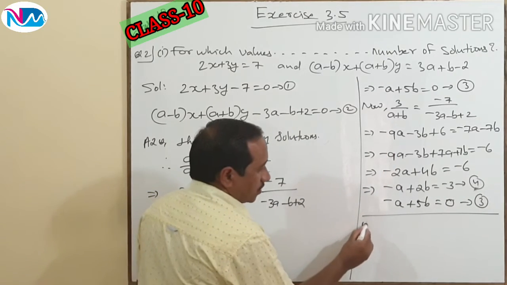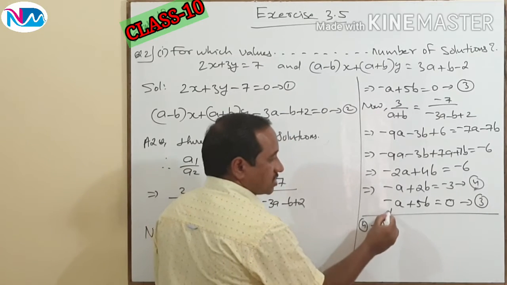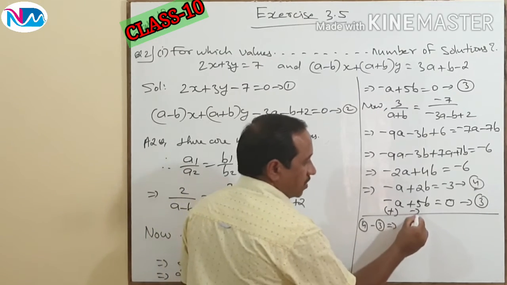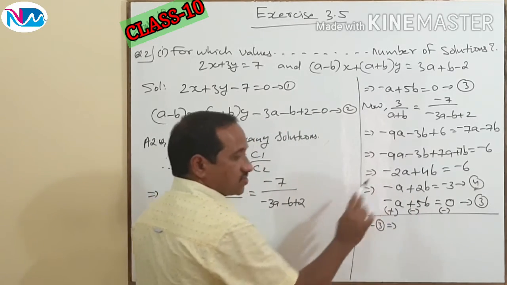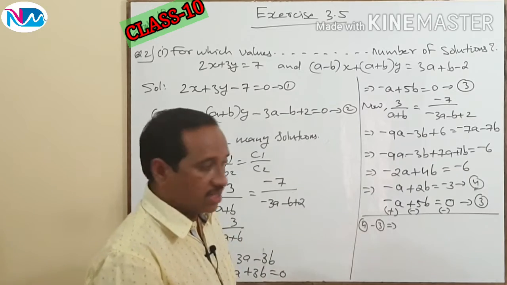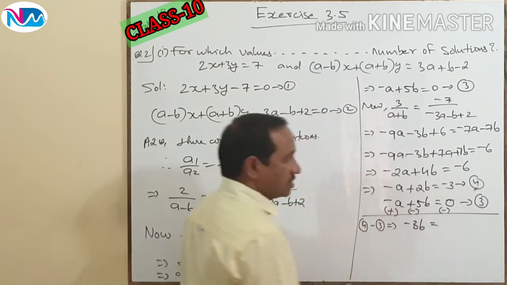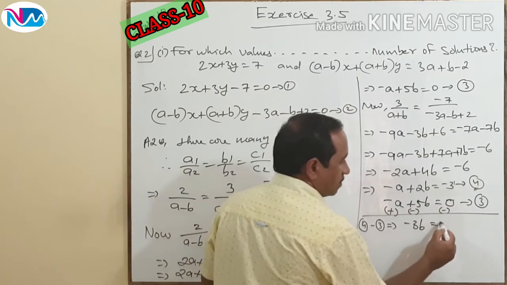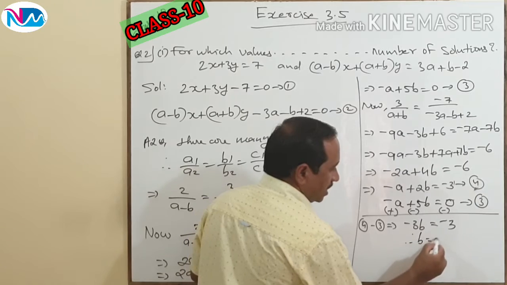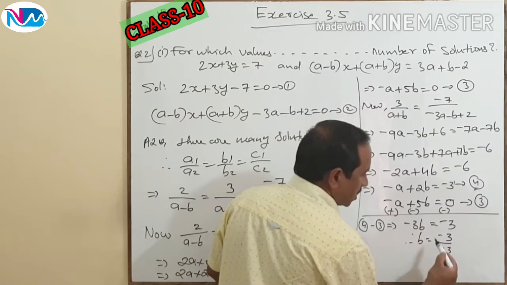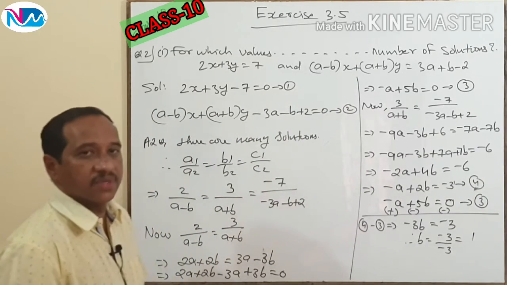I subtract equation 4 minus equation 3. Minus a minus minus a, the a will be eliminated. 2b minus 5b is minus 3b, is equal to minus 3 minus 0, which is minus 3. Therefore, b is equal to minus 3 by minus 3, which is plus 1.